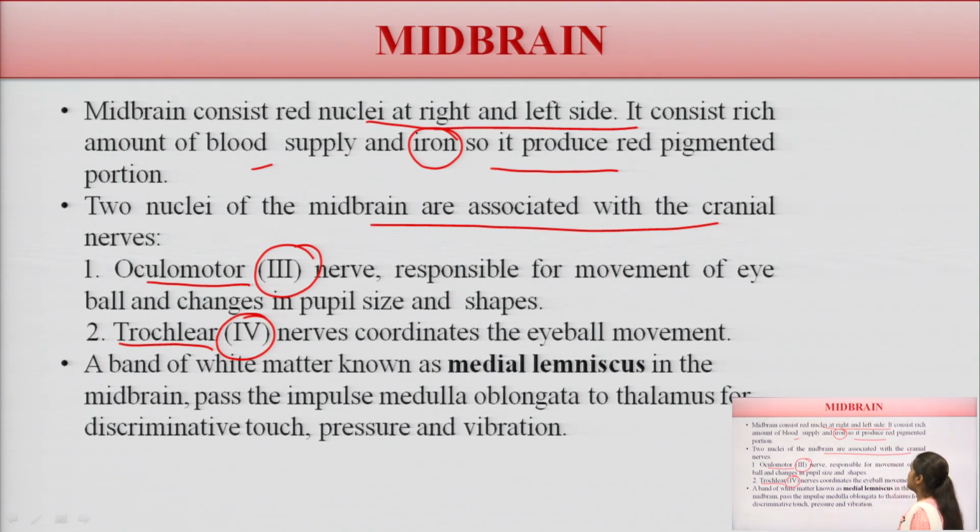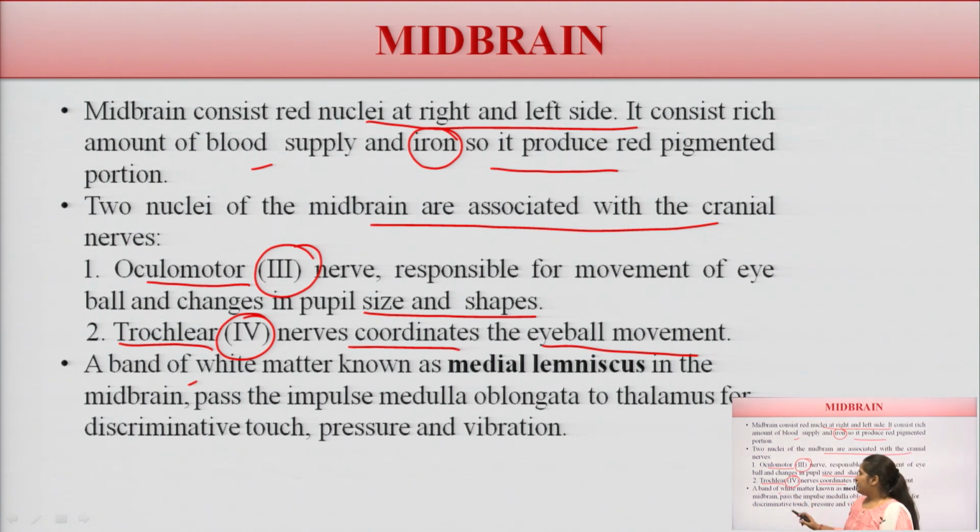These nerves are responsible for the movement of the eyeball and changes in the pupil size and shape according to the reflection of light. Whenever the light is too high or low, the size of the pupil changes. The trochlear nerve coordinates the eyeball movement.